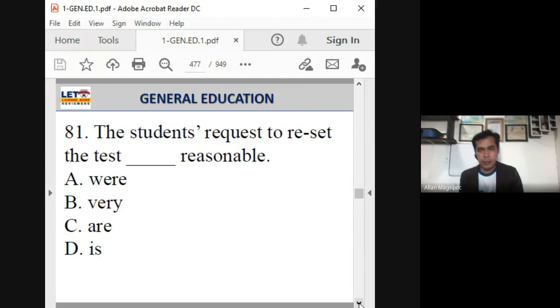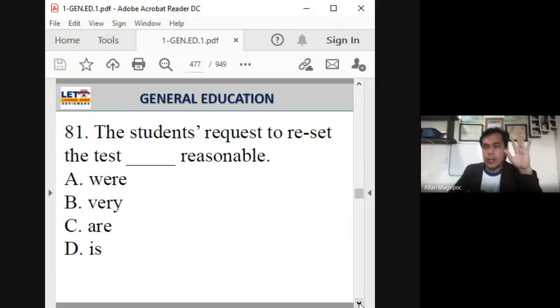Okay. Thank you for your responses. Okay, magkaiba na answer nila. Always remember, look at the subject of the sentence. Pag ganito yung question, asking about the verb.